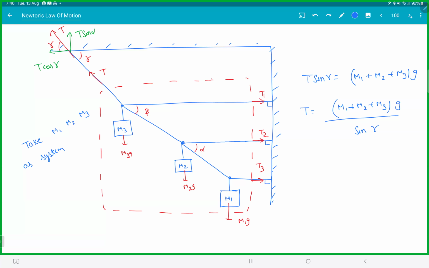Then you'll say, sir, let's take the Earth also in the system. That works. But who is attracting the Earth? The Sun. So let's take the Sun also. Then you'll say, sir, let's take the Sun. But the Sun is also being attracted by the galaxy. So we'll take the center of the galaxy, the black hole. And then, sir, you'll say, who pulls the galaxy? Then we'll take God also, God force. There, that is the catch. You can take the wall, but you don't know the forces between the wall and the Earth. Adi, clear with this? Yeah. Next one.